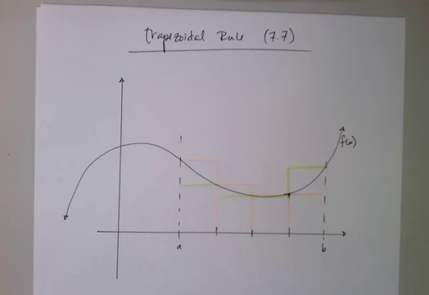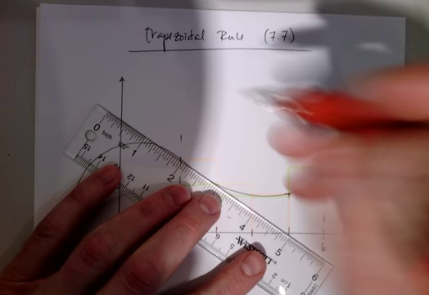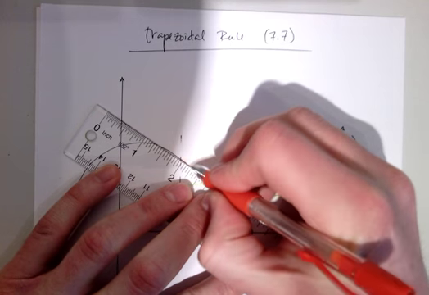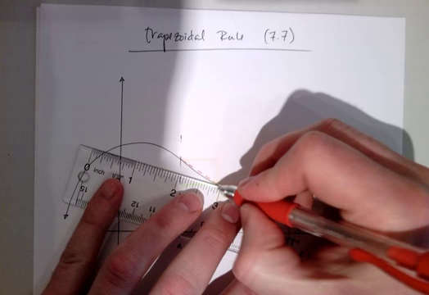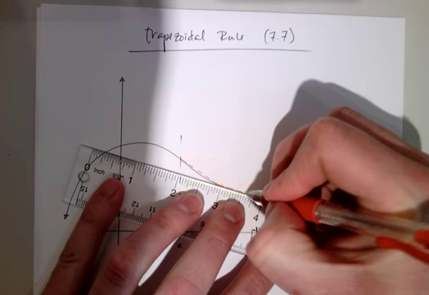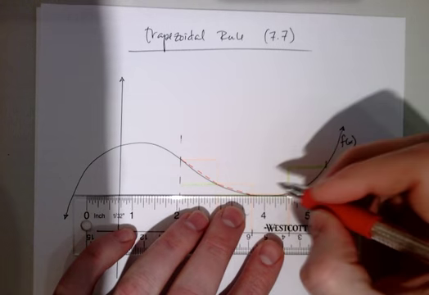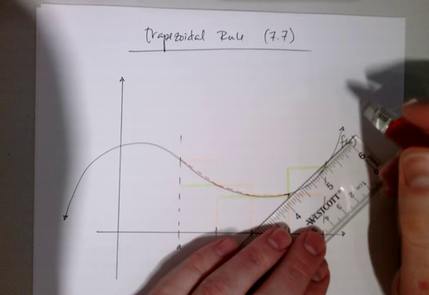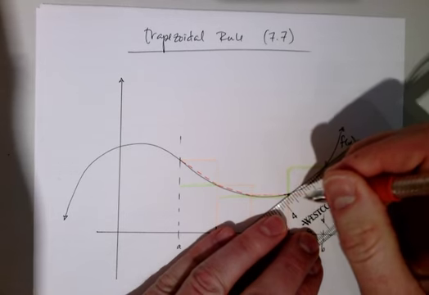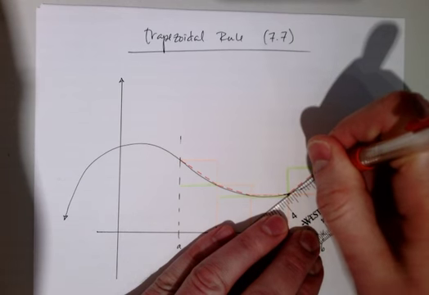What we're doing here is we're sort of splitting the difference. Instead of using rectangles, we're going to use trapezoids, hence the trapezoidal rule. You may not actually see the trapezoidal shape right now, but let's draw these little slant lines in.